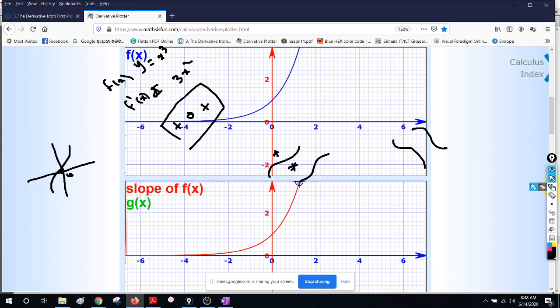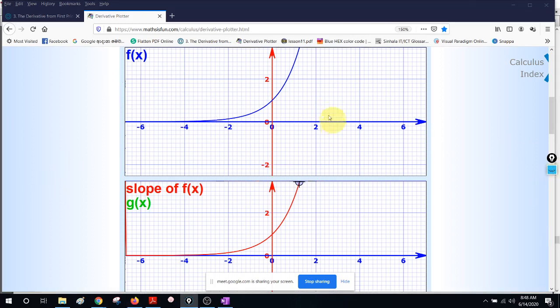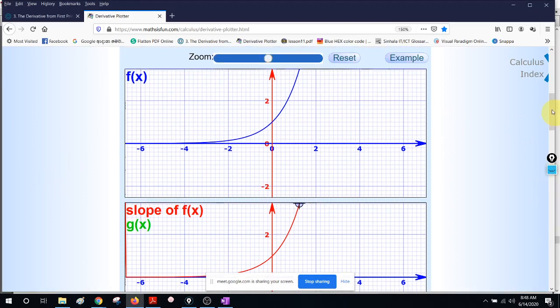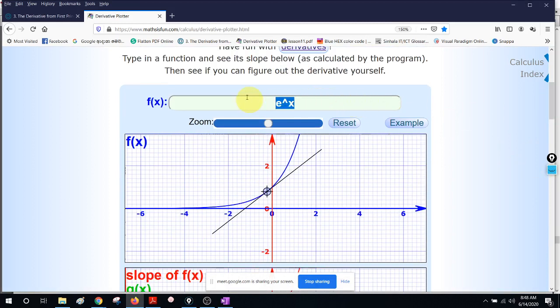Right, so let's hide this. So let's plot y equals x cube. Right, now you can see something like this.